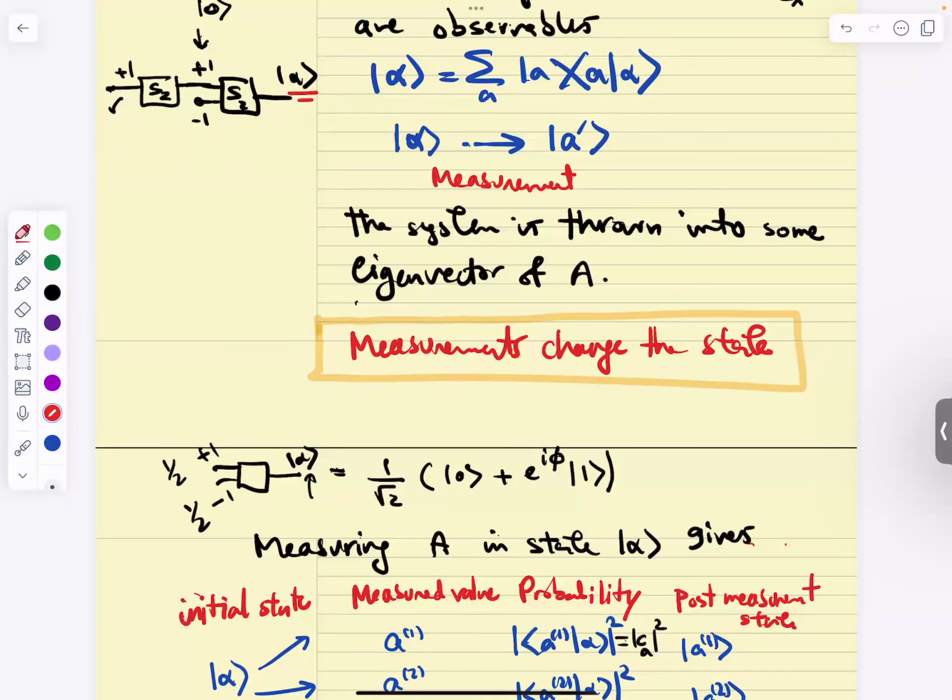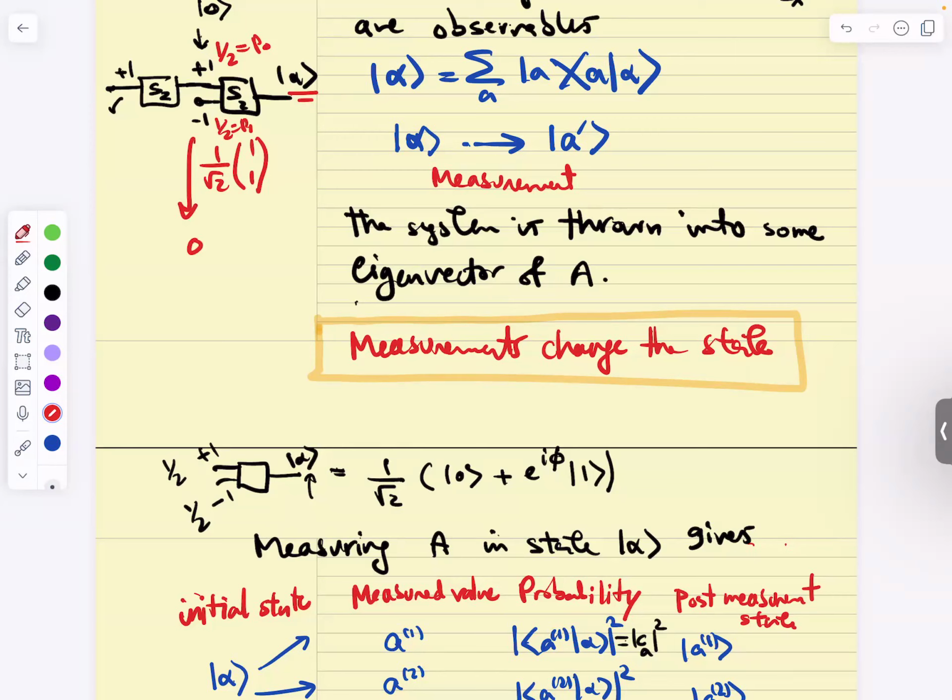So this is your initial state. Let's say your initial state was this, square root 1, 1, right? Then what comes out of the first measurement is probability half for up and probability half for down, right? The expected value at this point is 0, right?